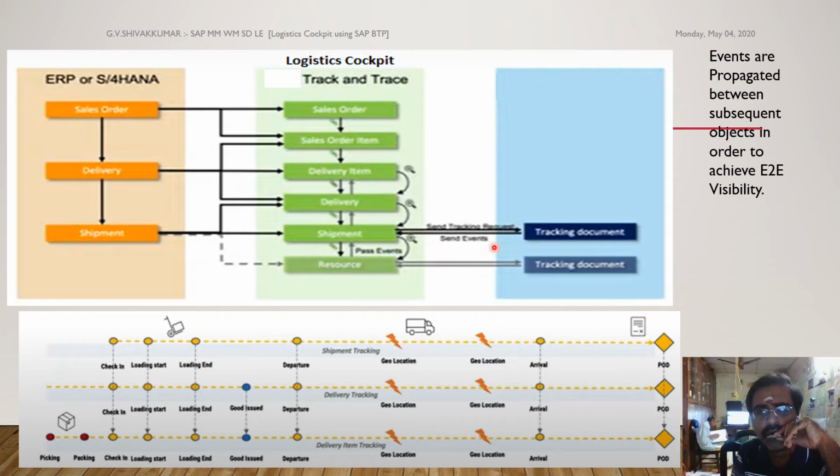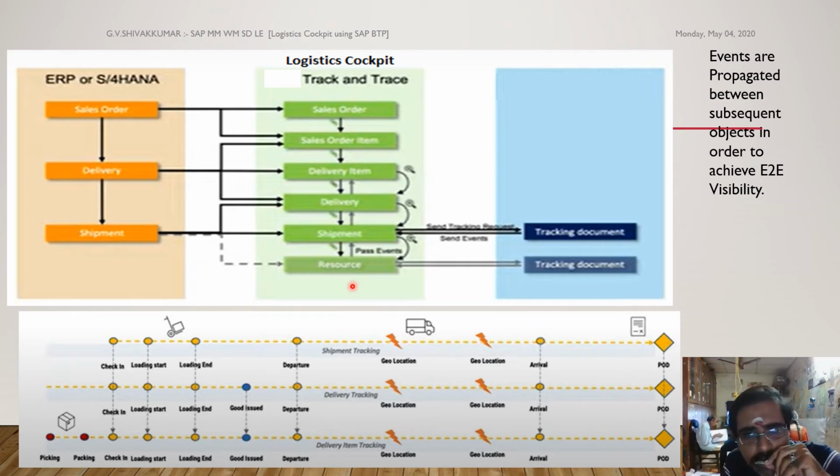All this can be tracked and traced using the tracking document, shipment document, delivery document, and order document, which can be transported here and there. Each output of the first phase can be given as the input of the next consequent phases. It goes on till the final invoicing happens, right?